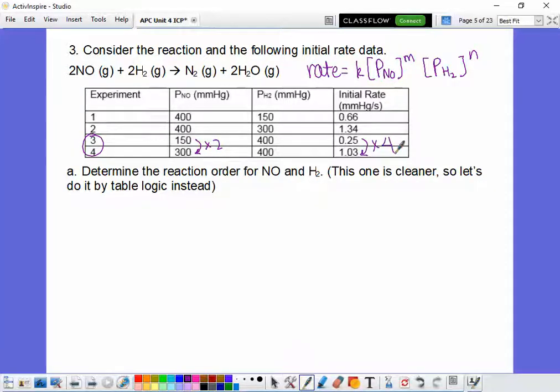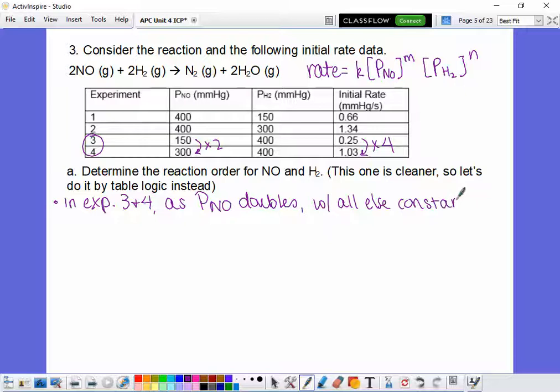So here's the minimum amount of writing that you need to do in order to receive full marks on my tests or the AP exam: in experiments 3 and 4, as PNO doubles with all else constant, rate quadruples.